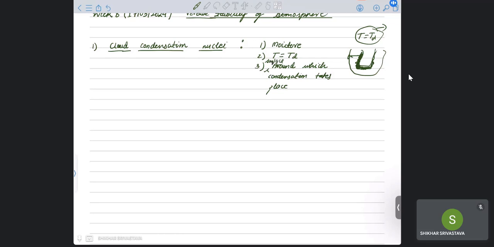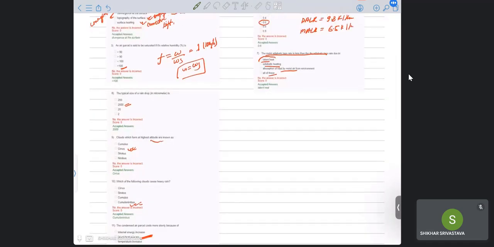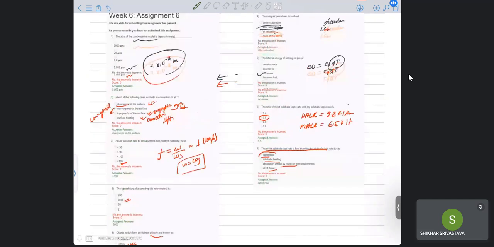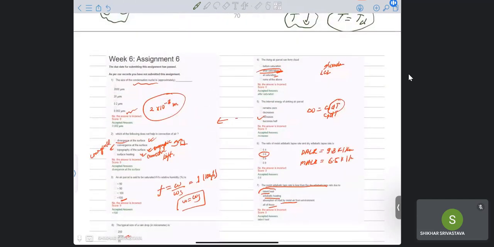In our atmosphere, there are a number of very small particles, as we covered in the last class. The typical radius or size of these condensation nuclei is almost 2 times 10 to the power minus 8 meter, or 0.002 micrometers.